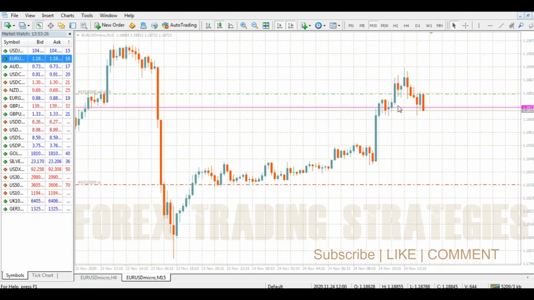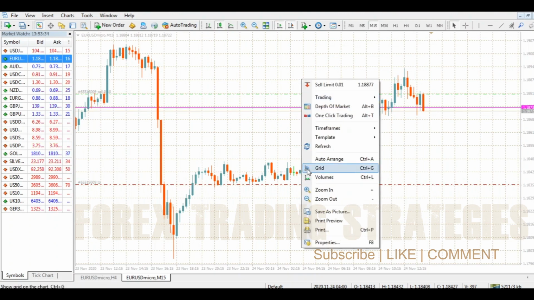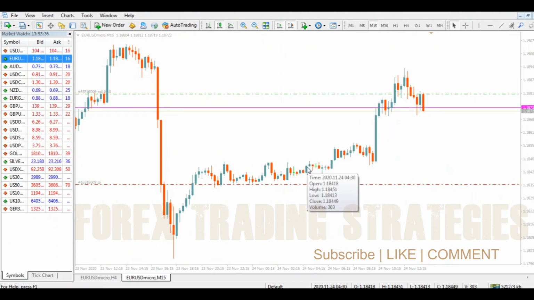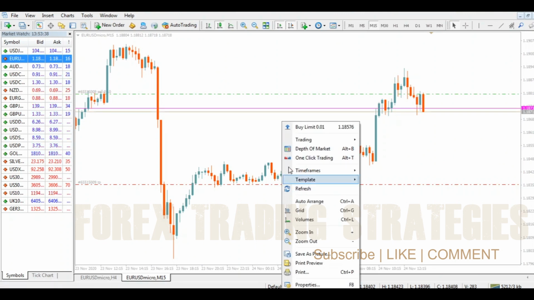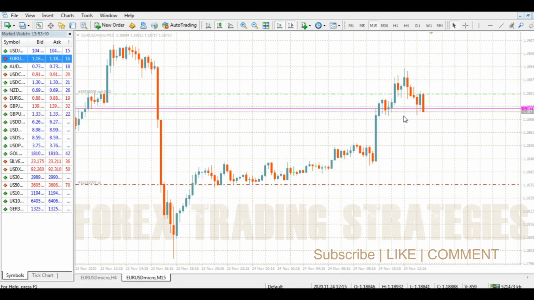That's when I drop down to the 15, 30 or 30 minutes, and on my chart I actually have the grid activated. Some people don't like the grid, but I have the grid activated.